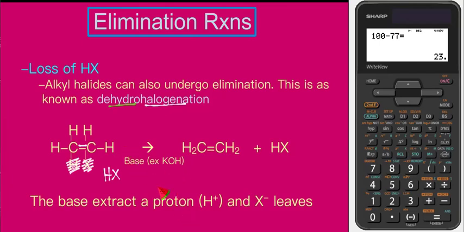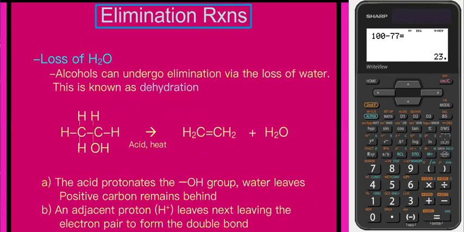All right, so let's go on now. Now we are going to remove water. There we go. You see, dehydration. Now this one is important because it says alcohol can undergo this, because for water by itself, that means you are eliminating the H and also the OH.